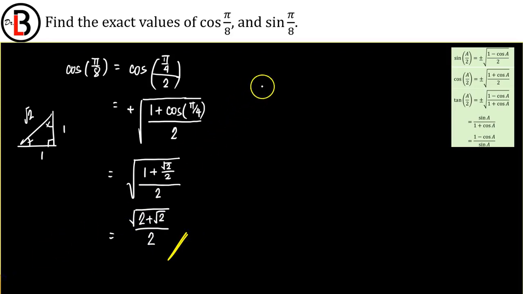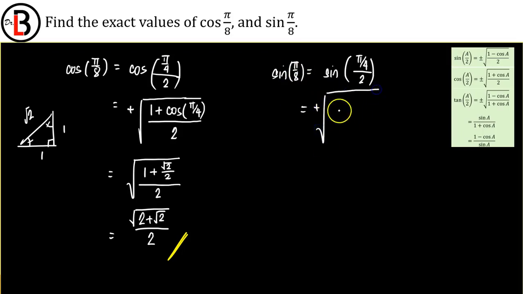What about for sine? Sine of pi over 8. We can say that this is sine of pi over 4 all over 2. Similarly, since pi over 8 is in the first quadrant, sine would be positive. So 1 minus cosine of pi over 4 all over 2.